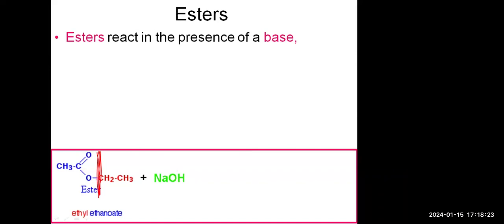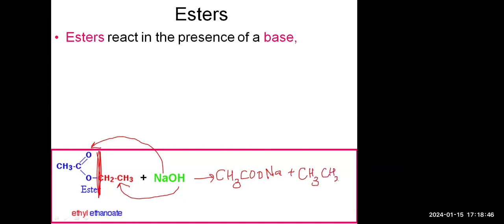Sodium goes and binds with the blue part and OH binds with the red part. So we get CH3COO-Na+ and CH3CH2OH.